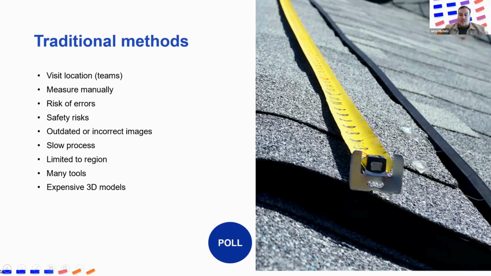Now, at this point, I would like to launch a poll that we have set up. So let me quickly do that. So the poll should appear on your screen right now. And these are basically all the methods I talked about right now. And the question is, what would be the main reason for you to switch from traditional methods to drone surveys?